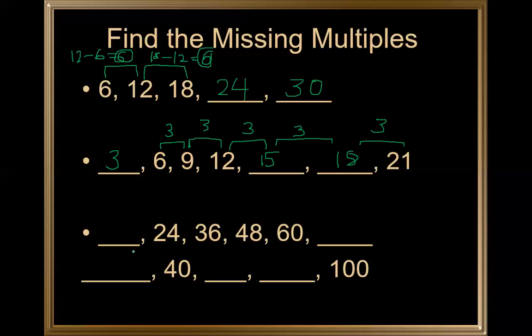Now let's move ahead to the next example, that is dash, 24, 36, 48, and dash. Now this is very tough to identify, which table is this. But there is no problem. I can check the gaps between the numbers. 36 minus 24 will give you 12.